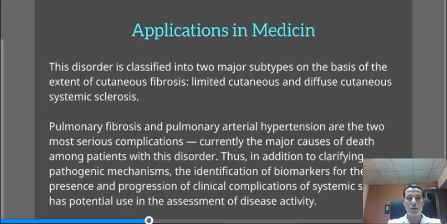Thus, in addition to clarifying pathogenic mechanisms, the identification of biomarkers for the presence and progression of clinical complications of systemic sclerosis has potential use in the assessment of disease activity.